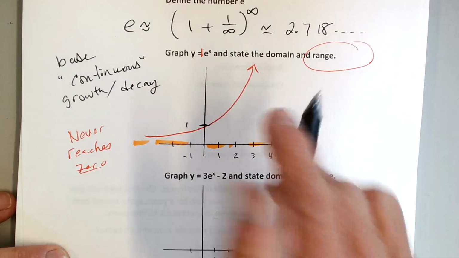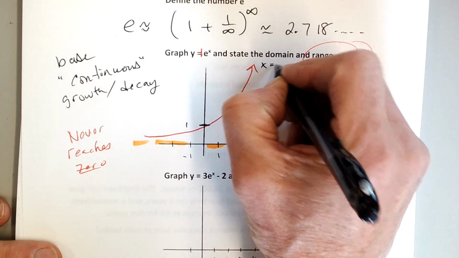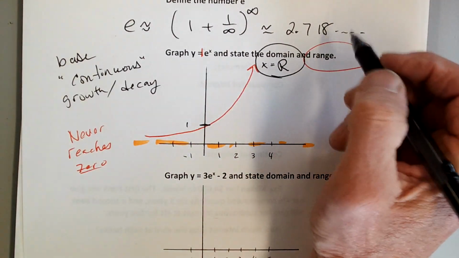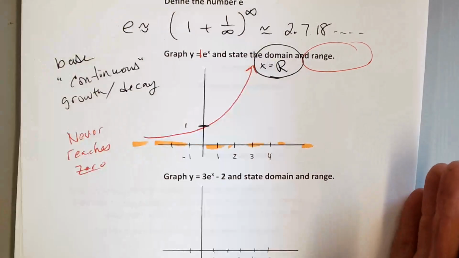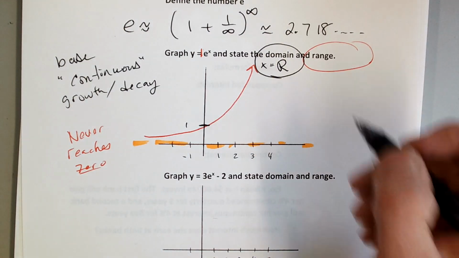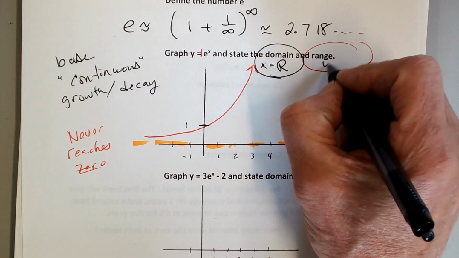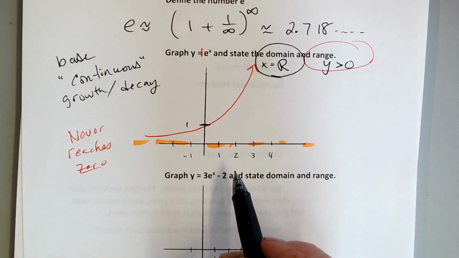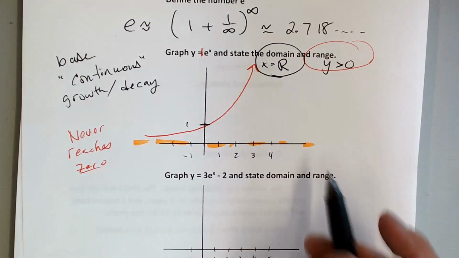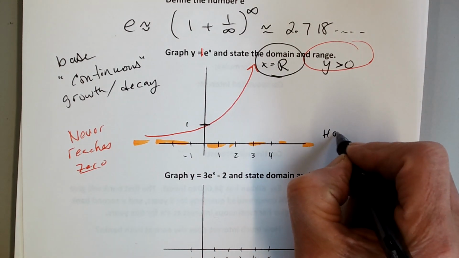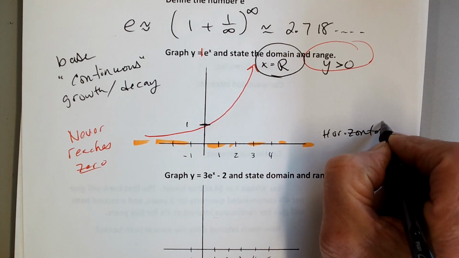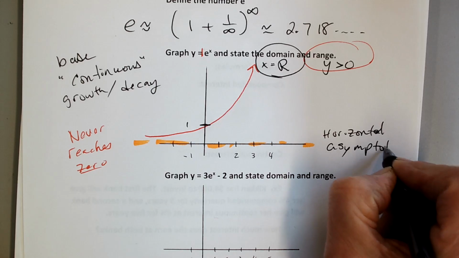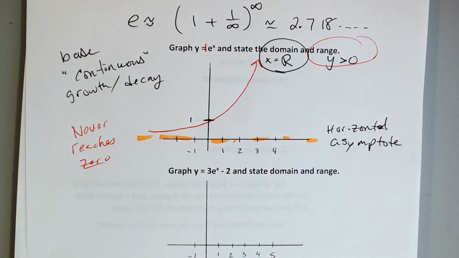All x values, you can plug anything in, so the domain is x equals all real numbers. But the range is more specific. Since there are no negative values down here, the range is y greater than 0, okay? Never equal to, but everything above 0. And that's why I have this horizontal asymptote. It's a boundary line, okay?